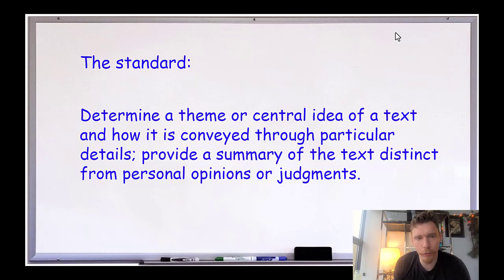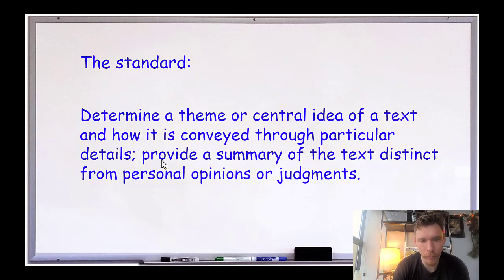So the standard that we're going to be focusing on is RL 6.2, and the language of that standard is: determine a theme or central idea of a text and how it is conveyed through particular details; provide a summary of the text distinct from personal opinions or judgments. So if you see a semicolon in a standard, that is usually indicating that this is a completely separate set of skills.